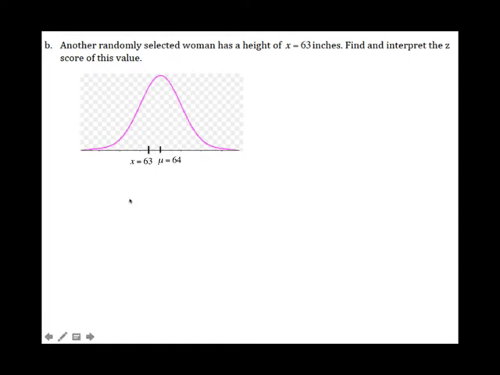So my picture is going to look like this. In the middle, there will be the population mean, and 63 inches is less than the mean, so somewhere like here. Now use this formula. You should get negative 0.33.